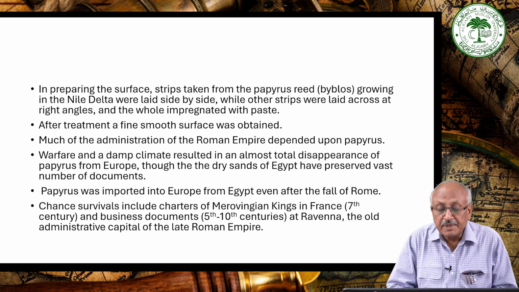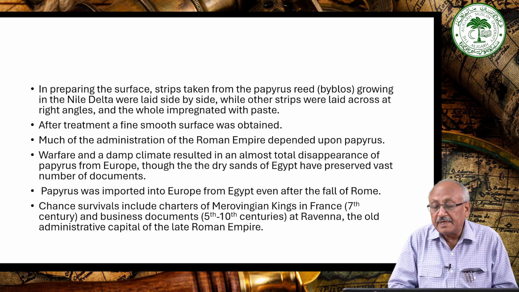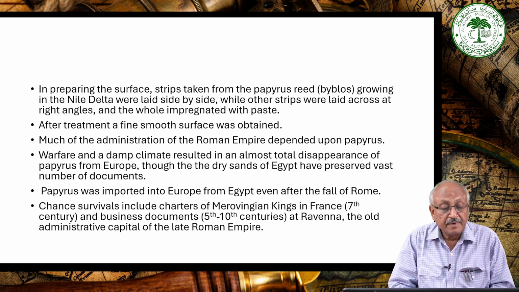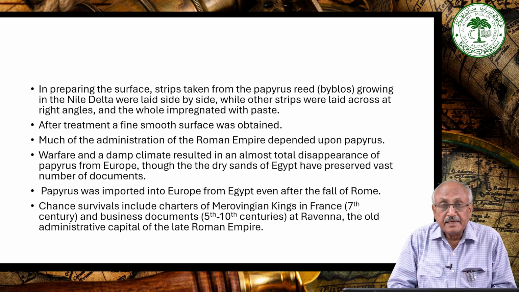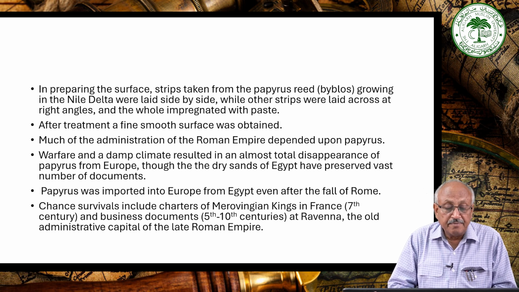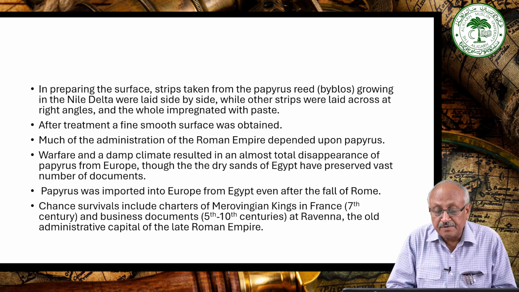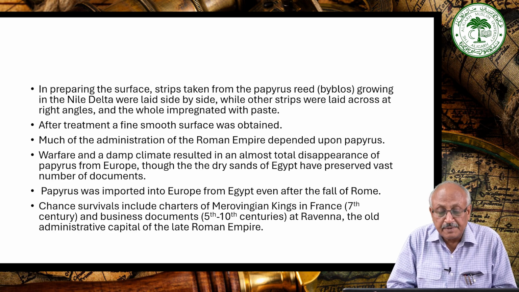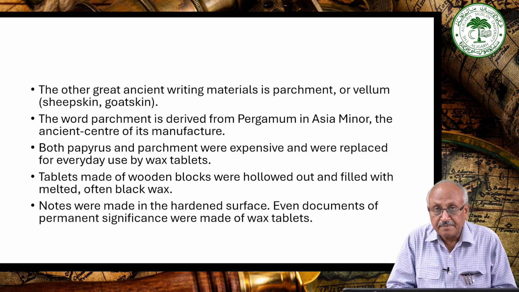Papyrus was imported into Europe, therefore, from Egypt, and even after the fall of Rome, we find they were used, they were imported. Chance survivals include charters of the Merovingian kings in France, 7th century AD. Then business documents, 5th to 10th centuries at Ravenna, the old administrative capital of the late Roman Empire.